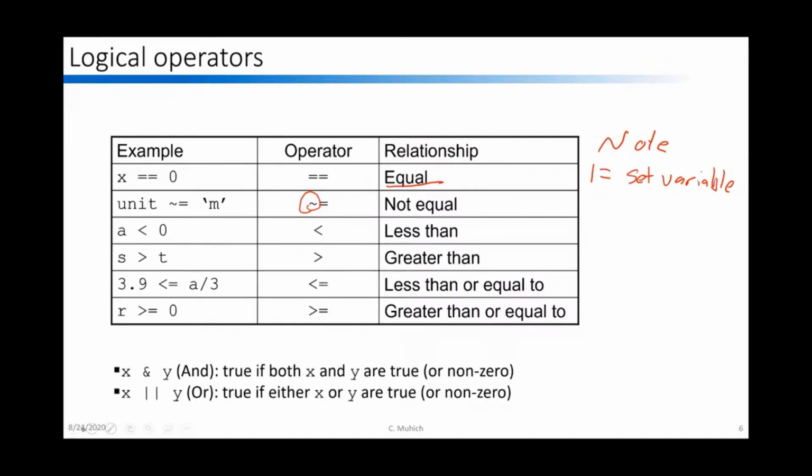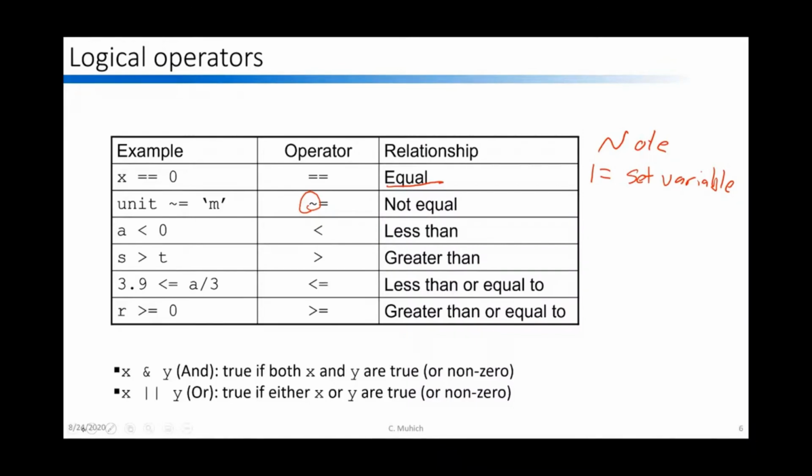Sometimes we want to look at multiple conditions. We may want to do an operation that occurs when x and y are non-zero, or when x or y is non-zero, right?